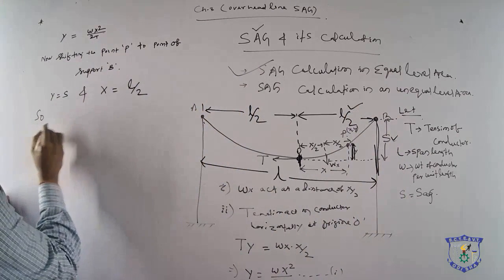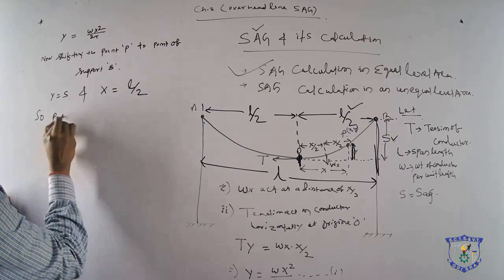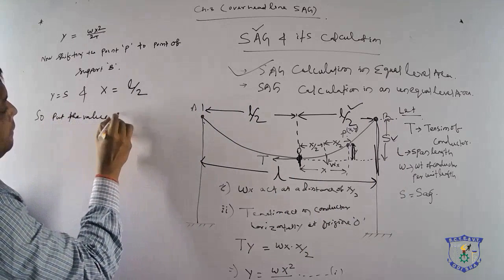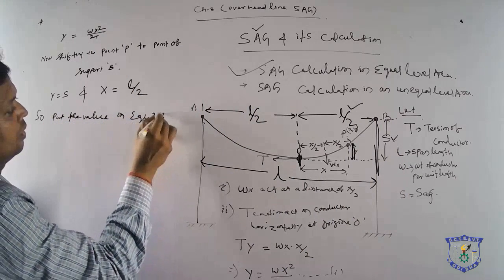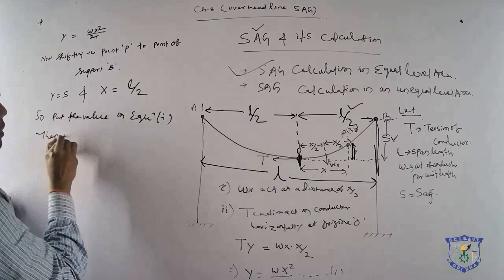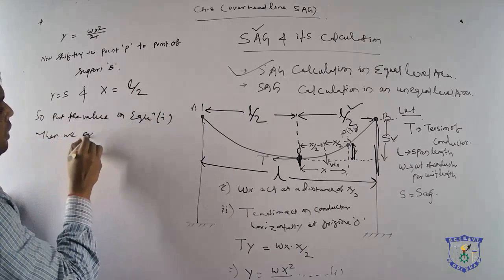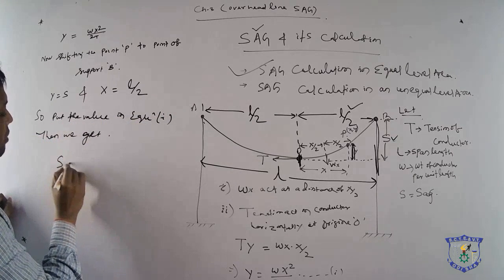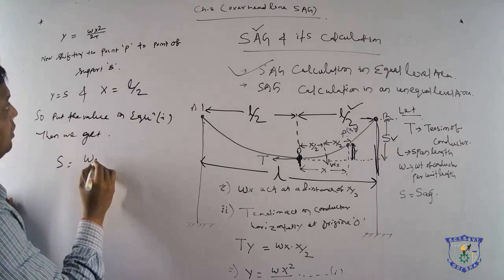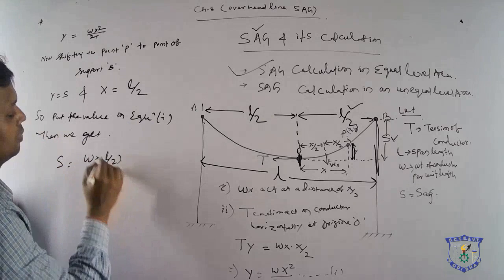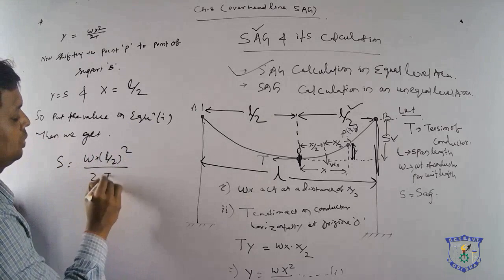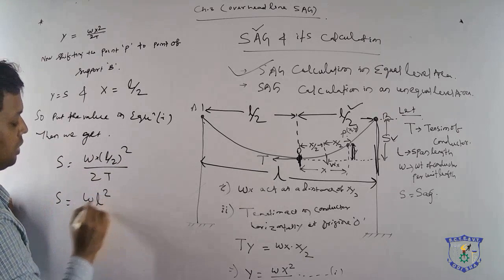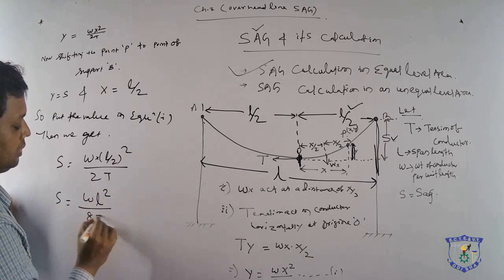So putting the values in equation 1, we get S equals W into (L by 2) square divided by 2T, which is nothing but S equals W L square divided by 8T.